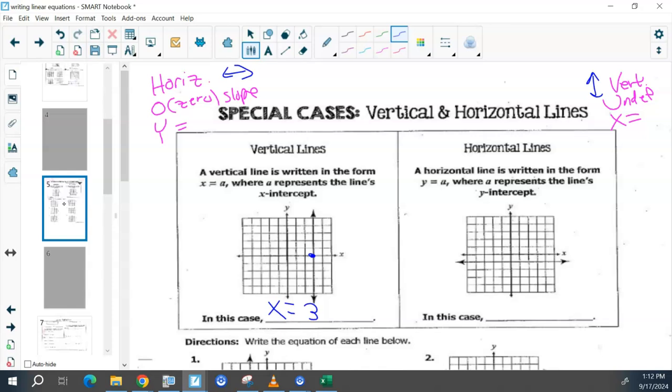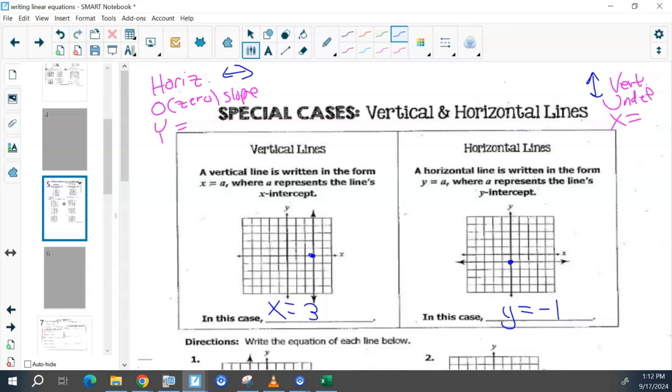Yes. And then for the horizontal lines, anytime we have a horizontal line, it's going to be some y equals. It's going to be y equals -1, so wherever that y crosses.